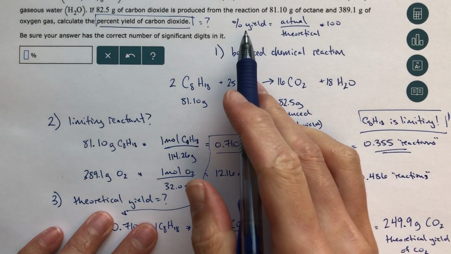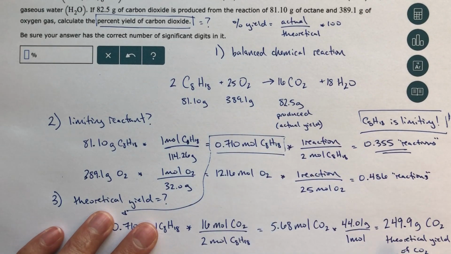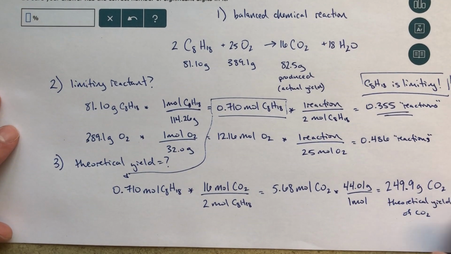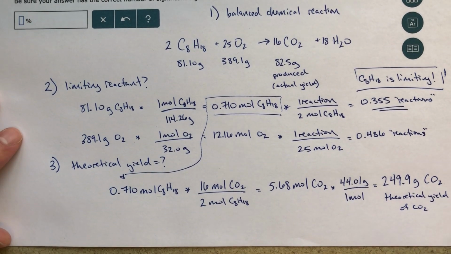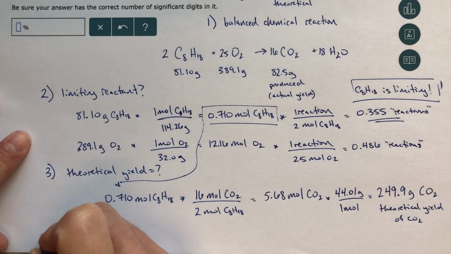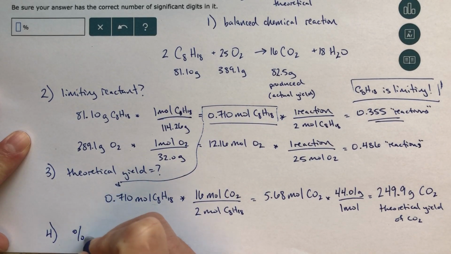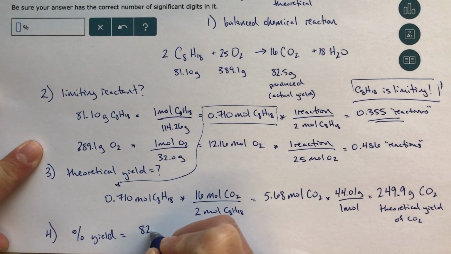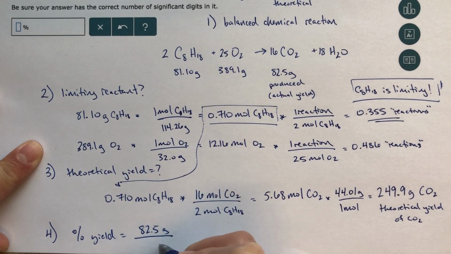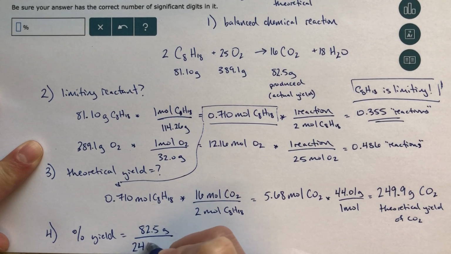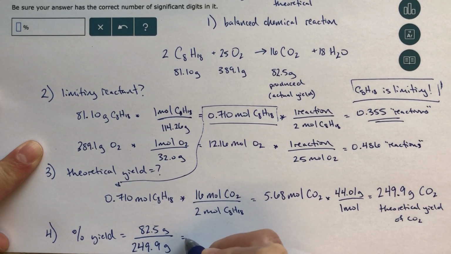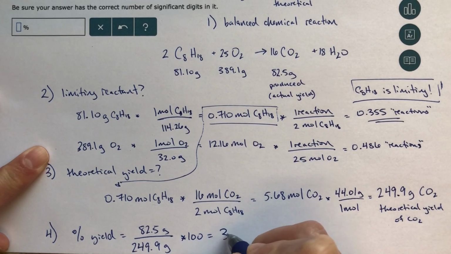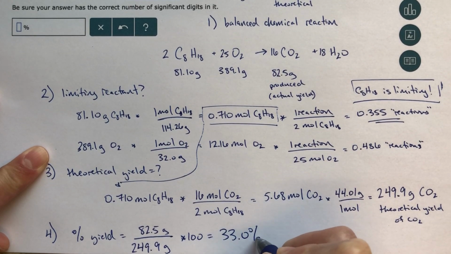So to figure out my percent yield, I'm going to take my actual yield, divide that by my theoretical yield and multiply by 100. So let's just move this down here. So the last step, step 4, is going to be percent yield equals my actual 82.5 grams divided by my theoretical 249.9 grams times 100 equals 33.0%.